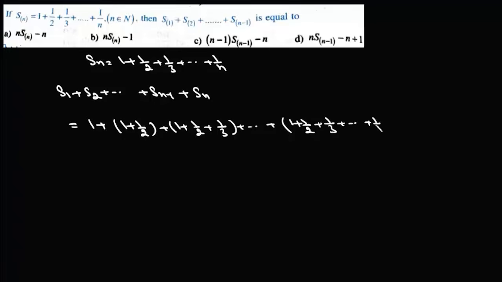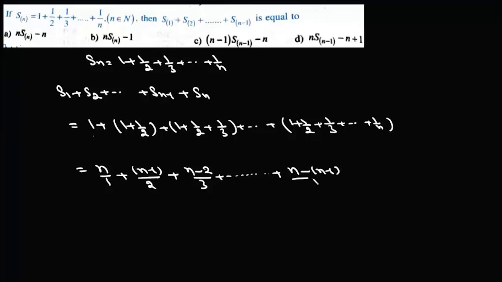So we can write this as 1 plus 1 plus 1 by 2, 1 plus 1 by 2 plus 1 by 3, and we'll continue up to 1 plus 1 by 2 plus 1 by 3 up to 1 by n.